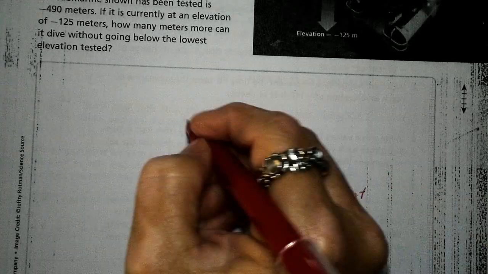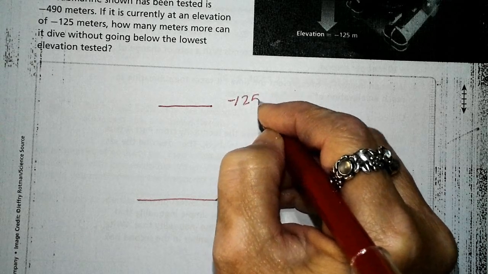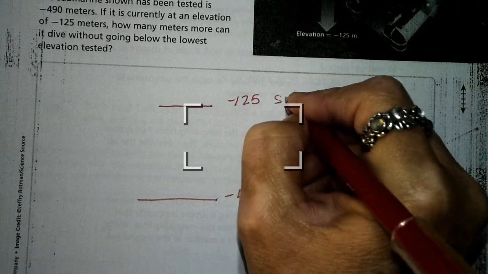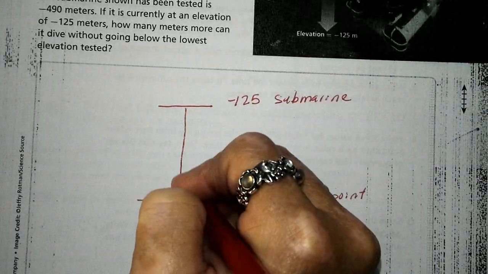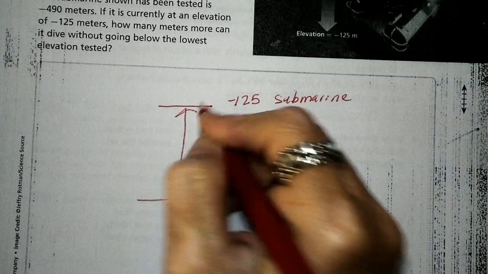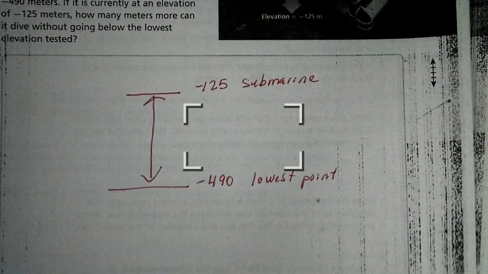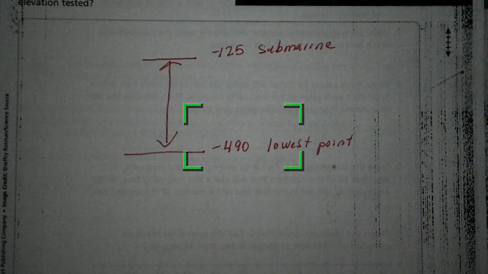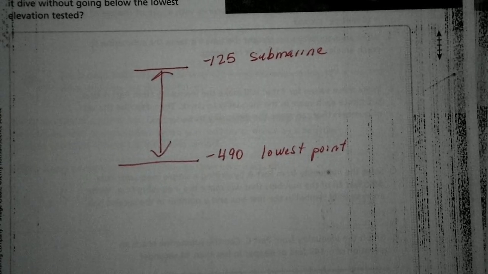The submarine, let's say, is here. We want to know what is the distance between there. So how would I do that? This goes back to our integer module when we talked about adding and subtracting integers. Anybody remember?